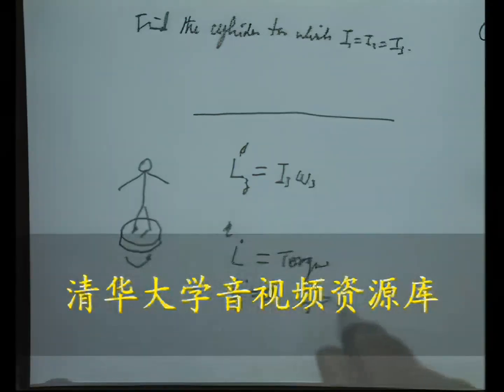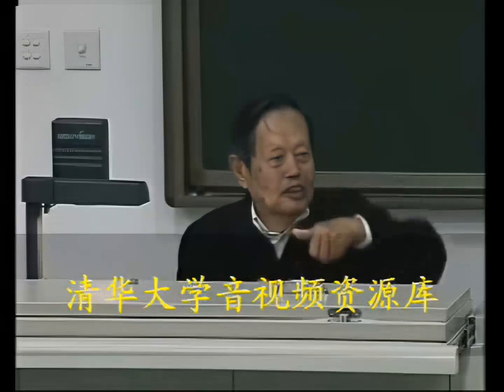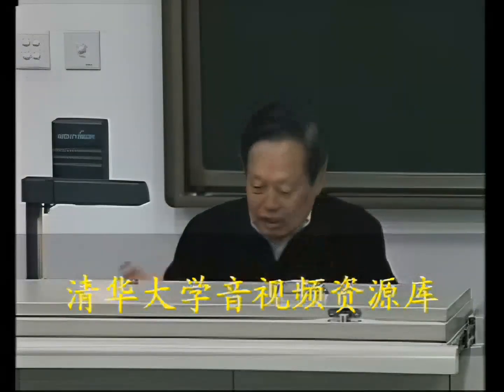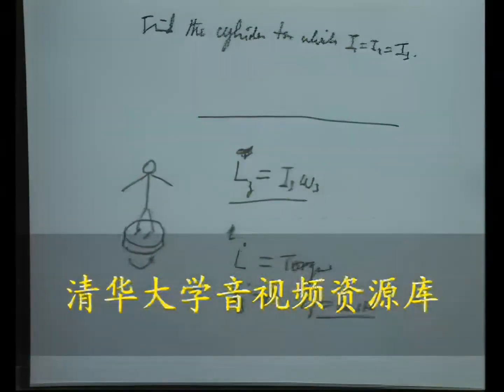That means Lz is equal to constant. So when she stands on the platform and rotates, her total angular momentum in the z direction is not changed. In other words, this is a fixed quantity. So when I decreases, omega increases. That's the reason for that motion.